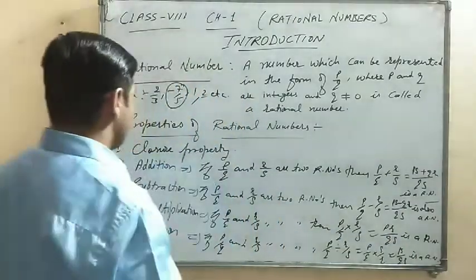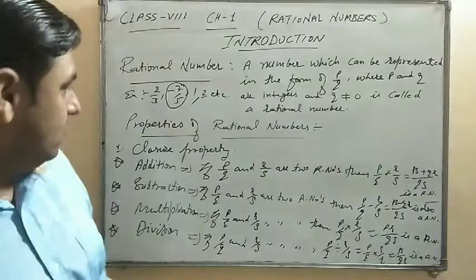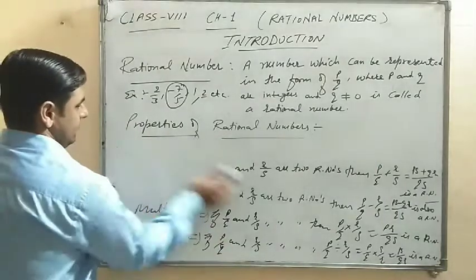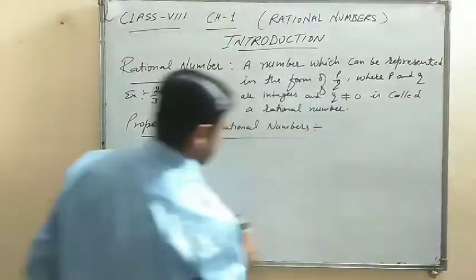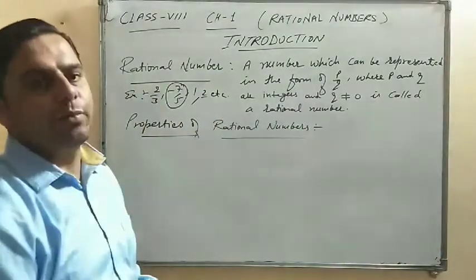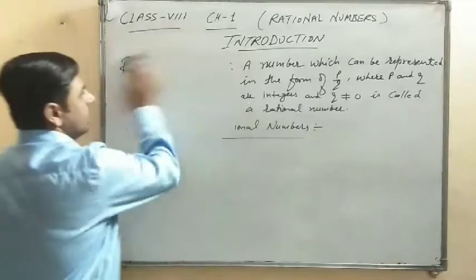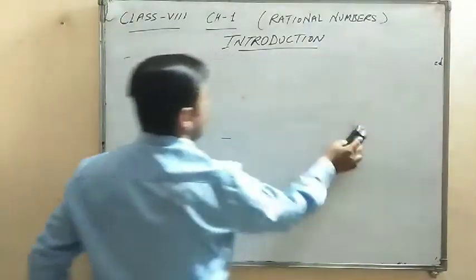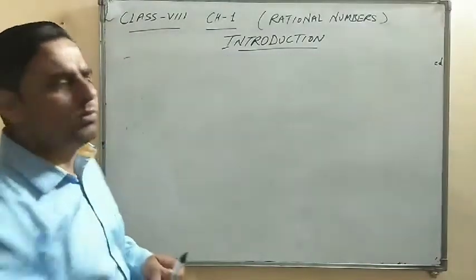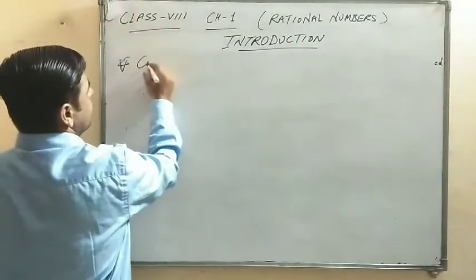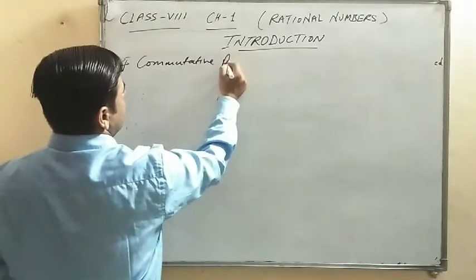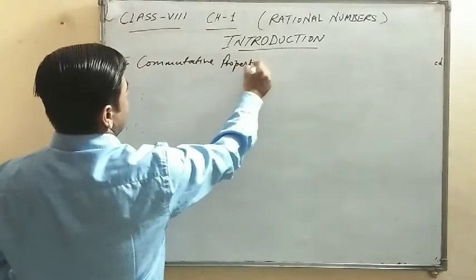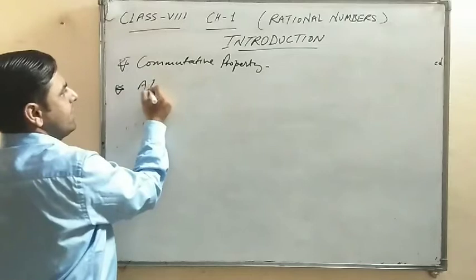So the second property is the commutative property. First one is addition.